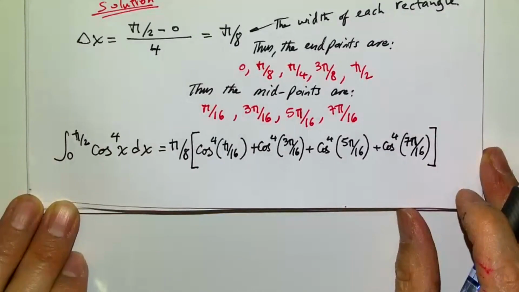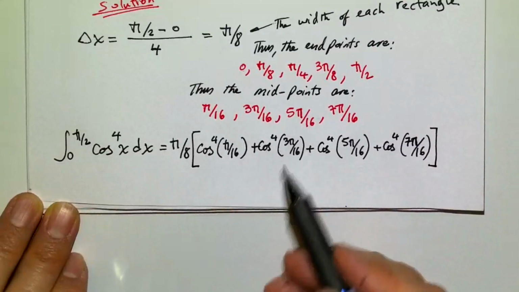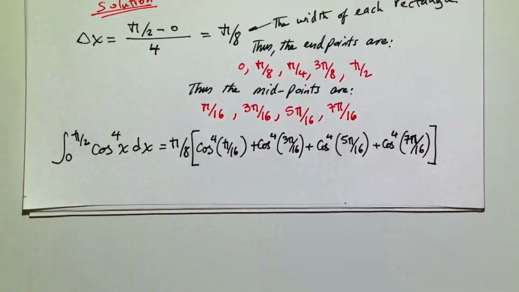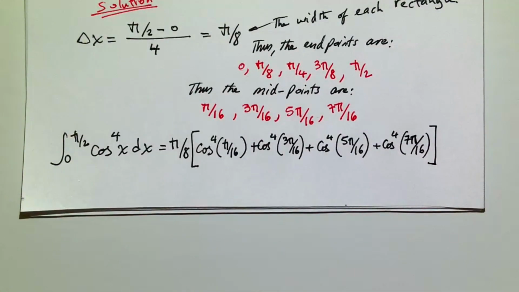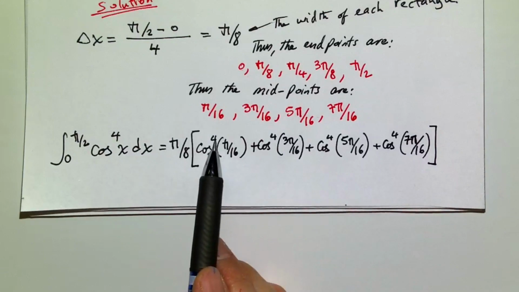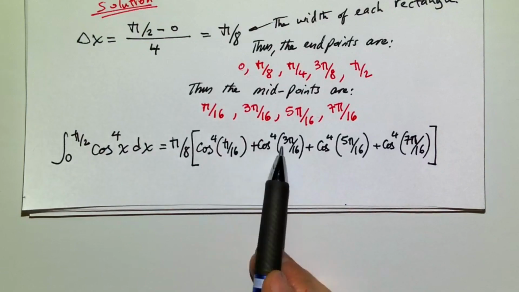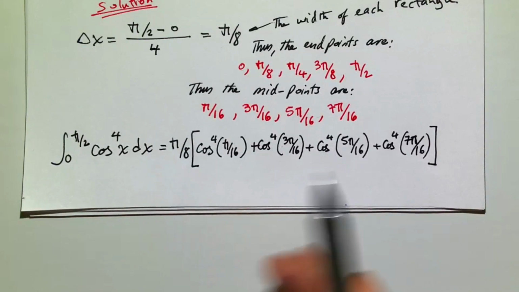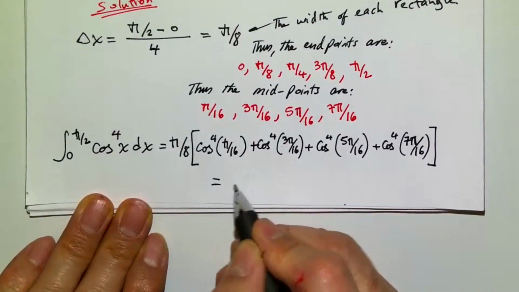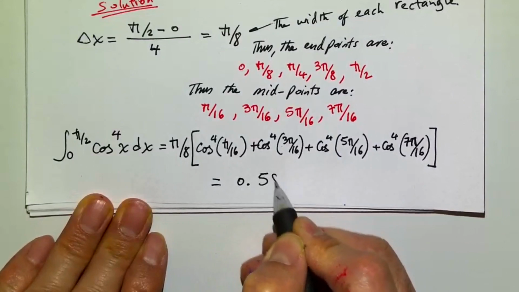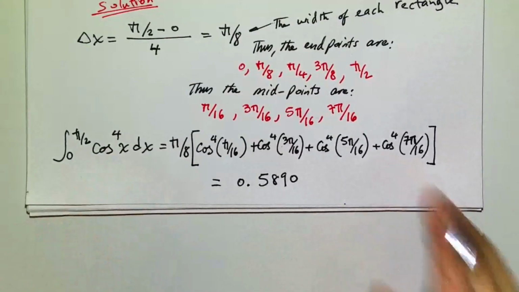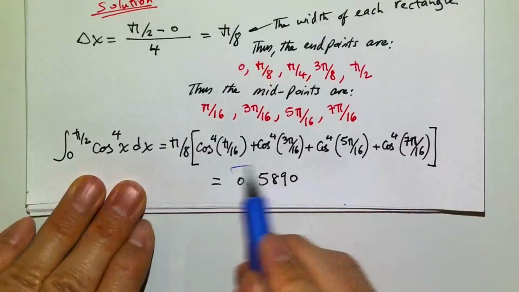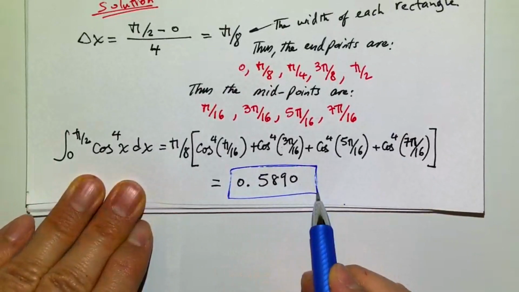Right? That's just using the midpoints. You'd calculate all of this. Please double check my number here, but make sure that your calculator is in radians mode. Calculate all of these, and don't forget to raise each one to the 4th power. Add them together, multiply by pi over 8, and you should get 0.5890. They said round it to 4 decimal places, and that's what I have.